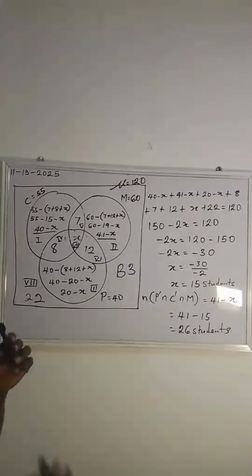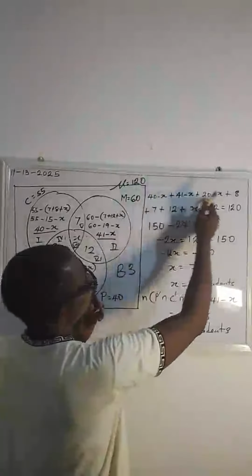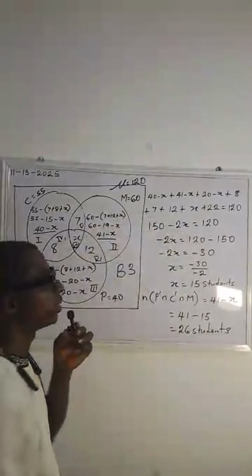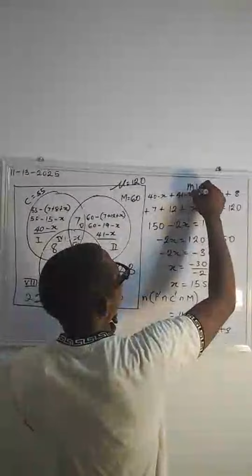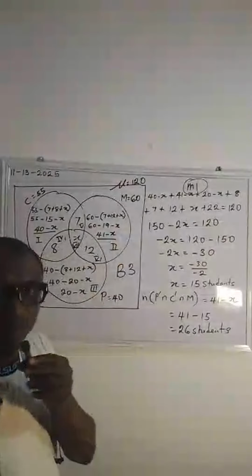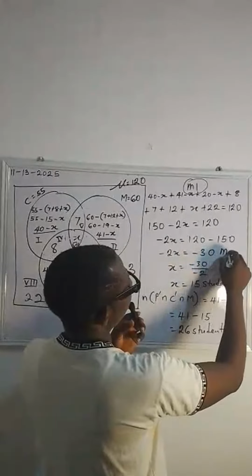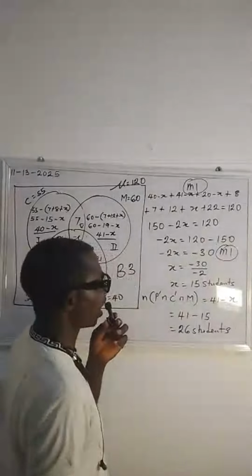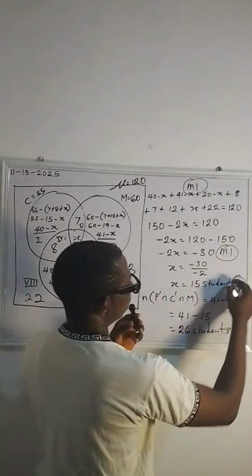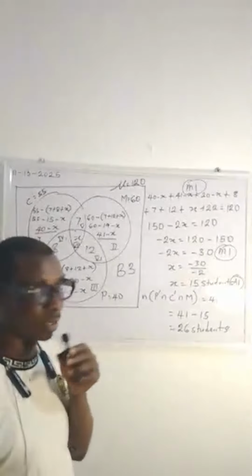Now, the second thing here is for writing this expression, adding all the 8 parts equating to 120, there will be a method mark 1 for that. For simplifying until you get to this level, we have M1. And for getting this, we have A1. That is the number of those that study the 3 subjects.